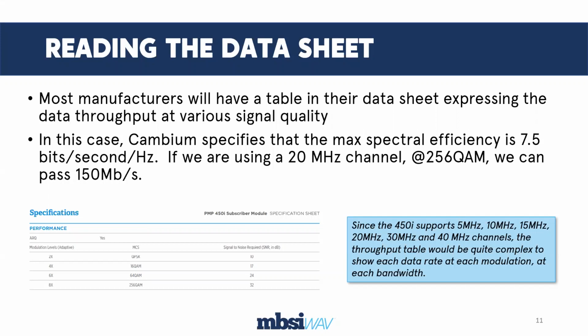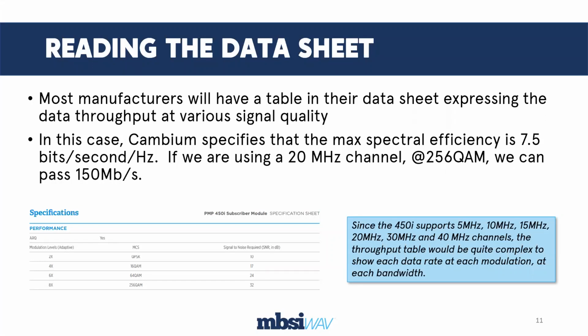Most manufacturers now in their data sheets will specify, at a particular channel bandwidth, a modulation and a data rate that applies to that modulation, and they will tell you what signal to noise ratio you need for that data rate. In our case here, I used a 450i spec sheet.